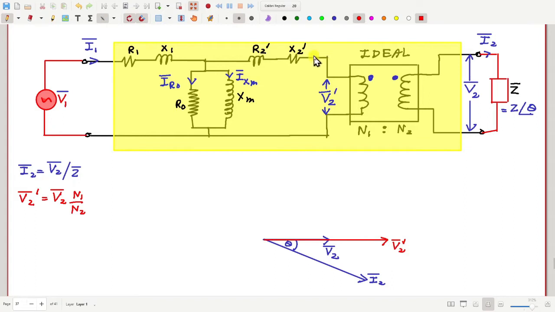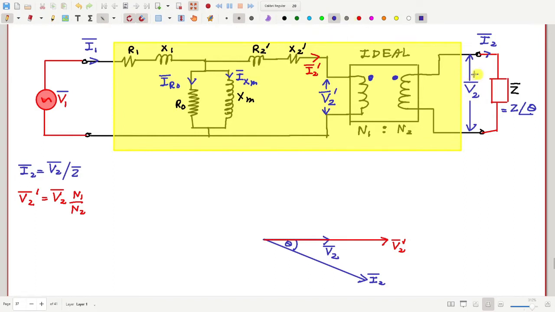Okay, next what else can we draw? We can draw this current I2 prime. Okay, note that I2 is leaving a dot and I2 prime is entering a dot. Yeah, I have missed very important things, these plus minus symbols for these voltages.